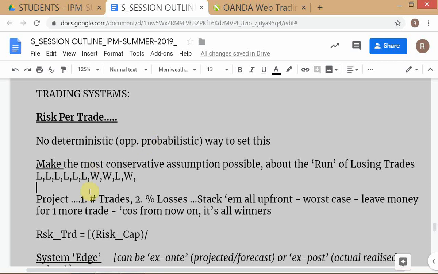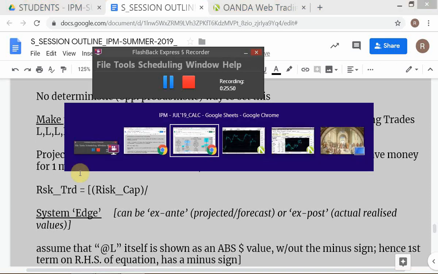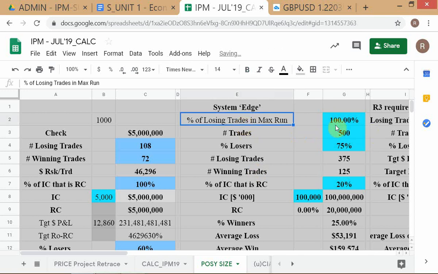So what we do is first we have to project the number of trades. Now that is a function of your understanding of your system. This part you don't worry about at this point of time, because there's an additional way that you can program. These are all examples where you're trying to model one variable as a function of other variables.